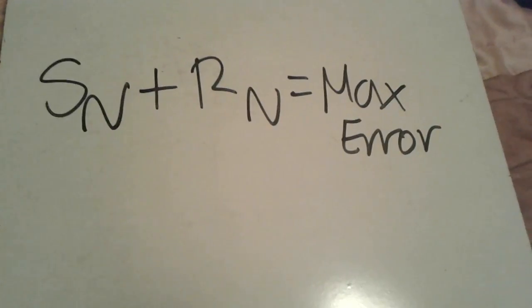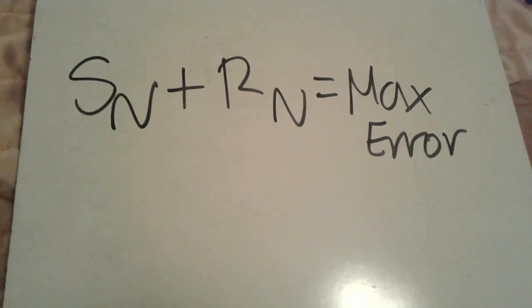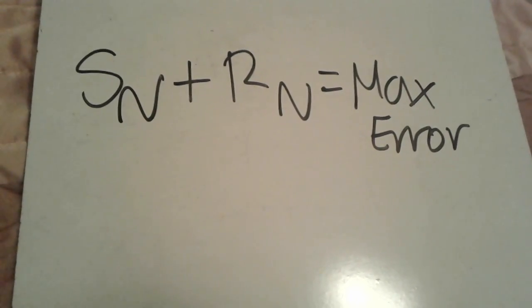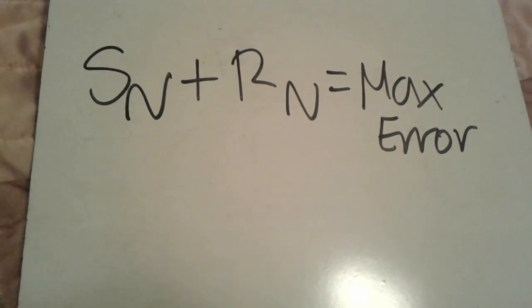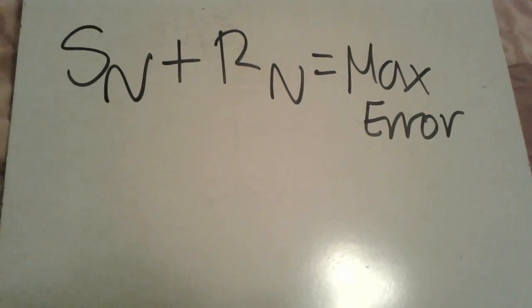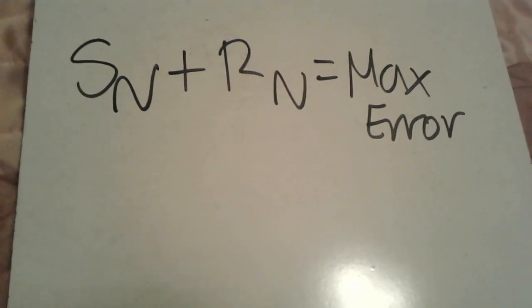This is what we went by to figure out the last problem's max error, which was the sum until the number of terms that was specified, added to the remainder.